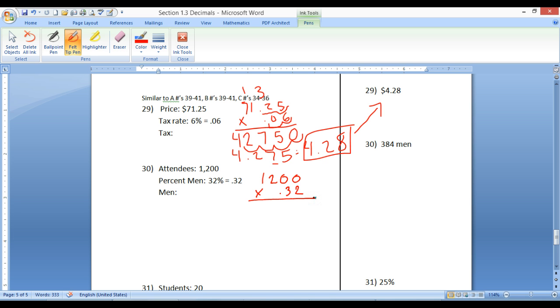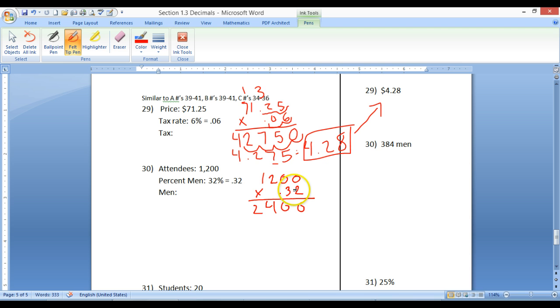There we go. Okay, so 2 times 0 is 0. 2 times 0 again, 0. 2 times 2 is 4. And 2 times 1 is 2.